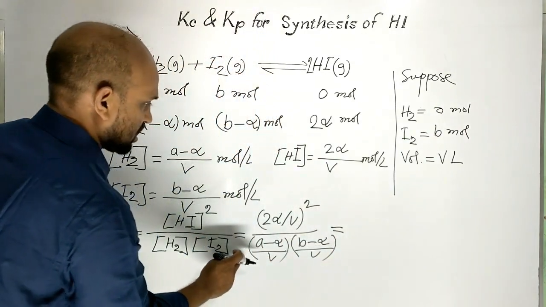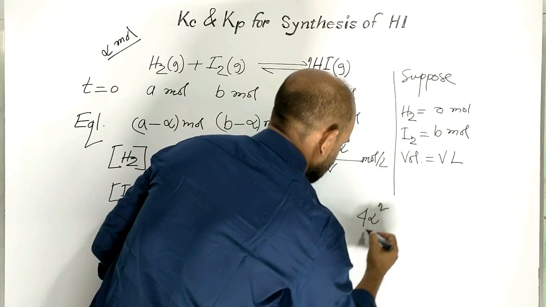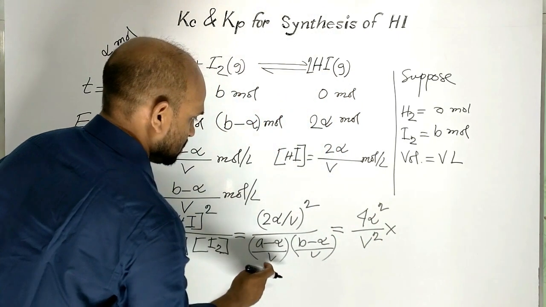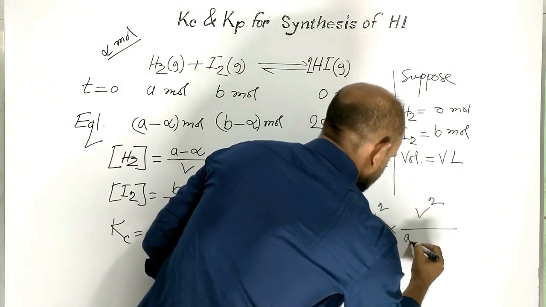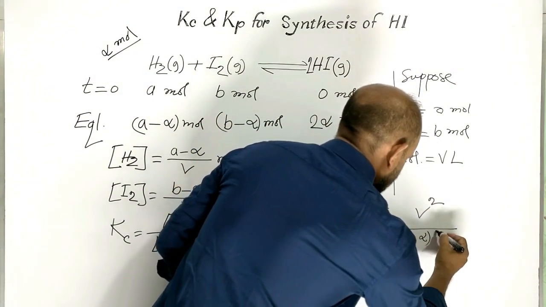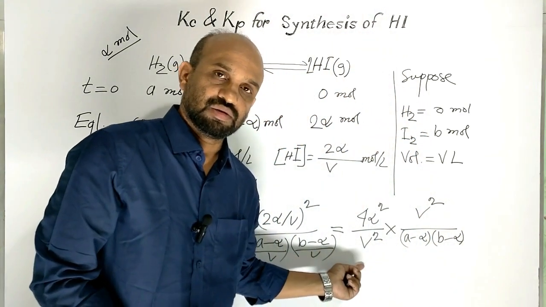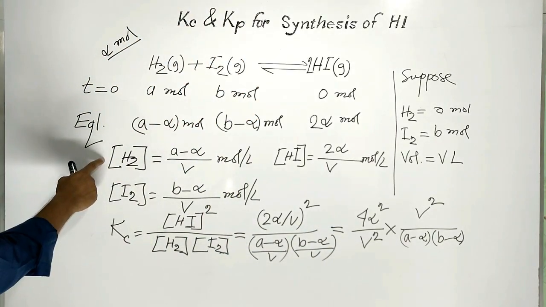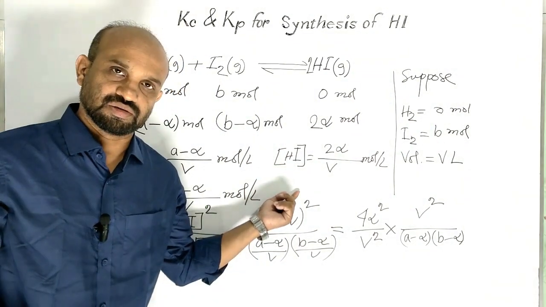From this we can write 4 alpha square by V square into V square by A minus alpha into B minus alpha. This is what we obtained by putting the values of concentrations of hydrogen, iodine and hydrogen iodide.